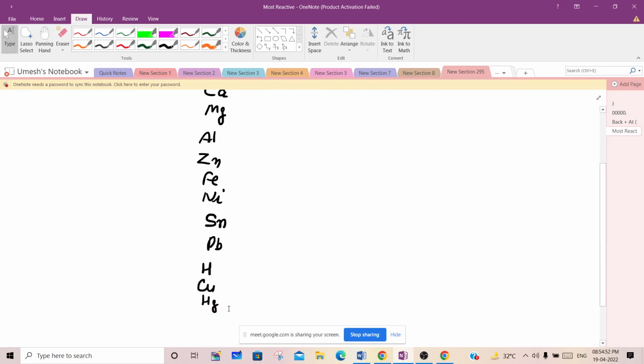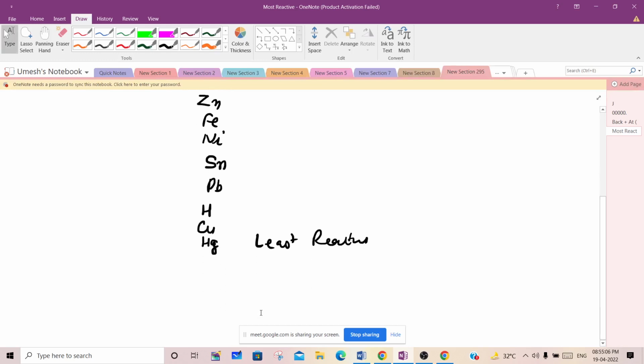Always the more reactive will displace the less reactive from its solution. So what is the last one? Hg, which stands for mercury. And below that we have gold, Au, and last the platinum.